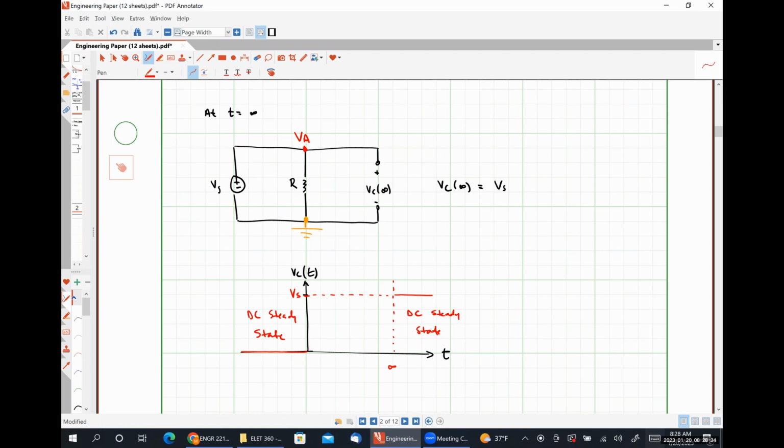And what our voltage is going to look like is this. It's going to slowly start to charge and then eventually settle to some final value. So this is our transient state here in the middle. And this is 0.